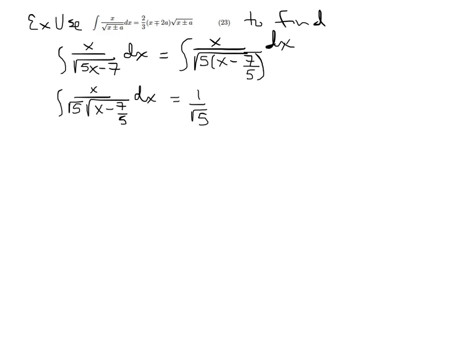So the formula says that we're multiplying all of this by 1 over root 5, and I've now multiplied by 2/3 times x. Now the sign on the first one is negative, so if it's a negative sign, it gets a positive in front of that 2a. So plus 2 times a. In this case, this was plus or minus a, so a is 7/5.